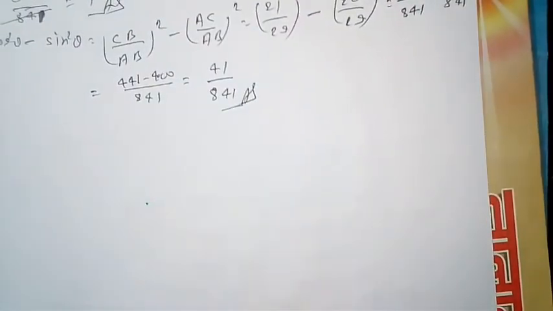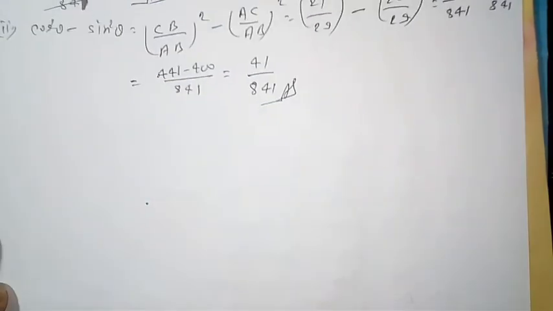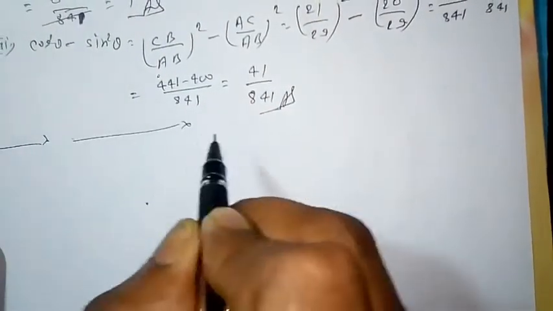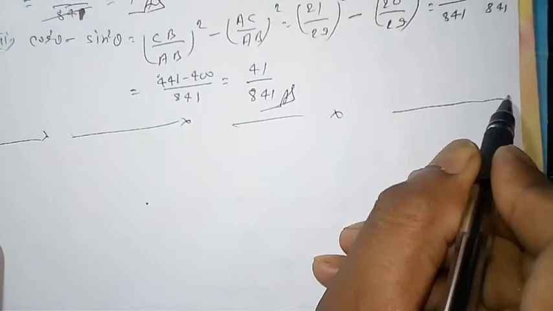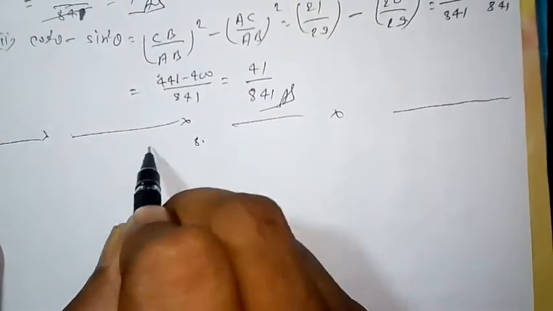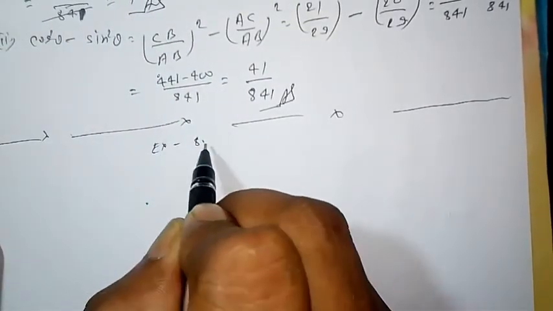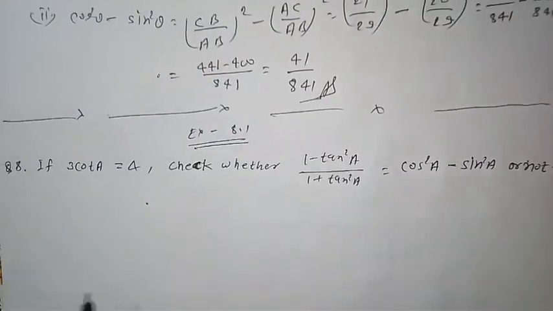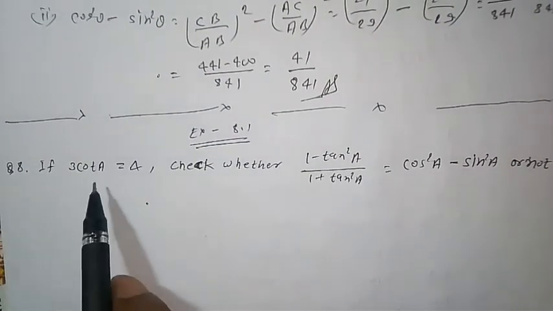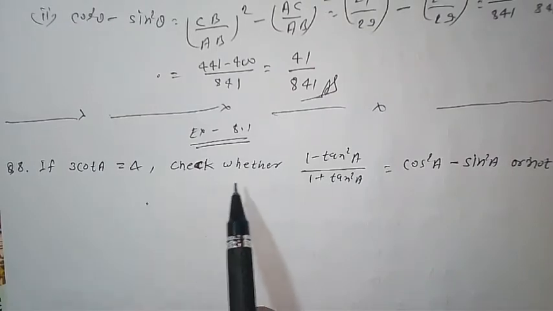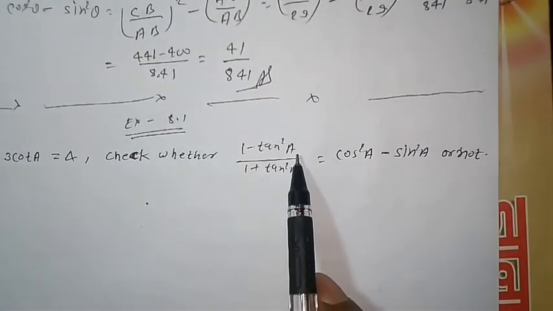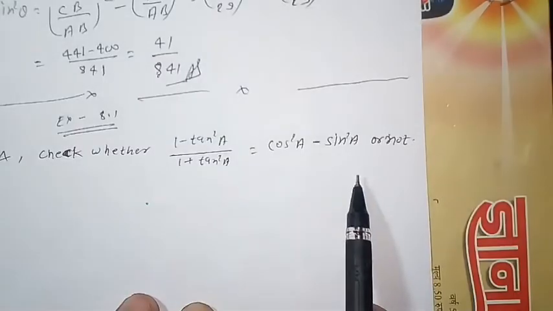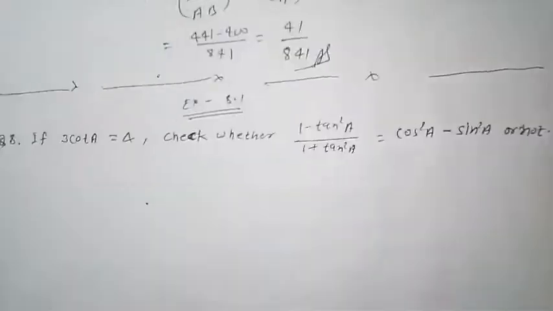The rest of the questions of this exercise, 8.1. Question number 8. If 3 cot A is equal to 4, check whether 1 minus cot square A by 1 plus cot square A is equal to cos square A minus sin square A or not.